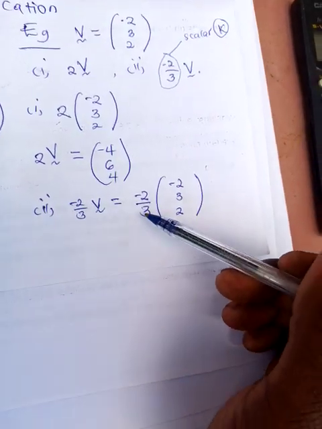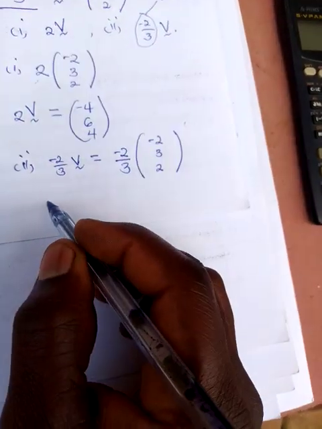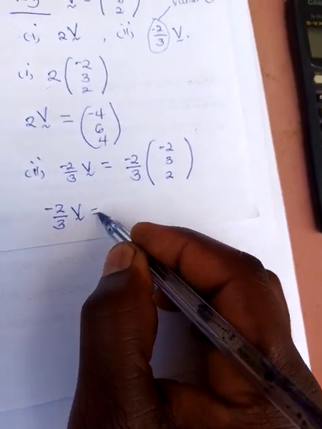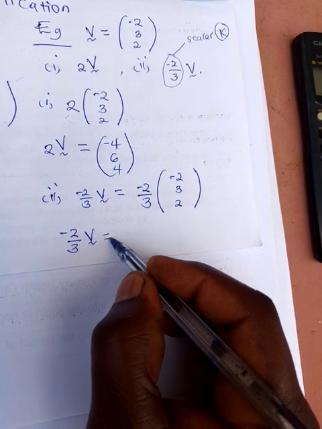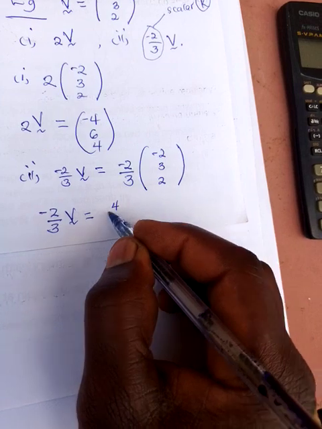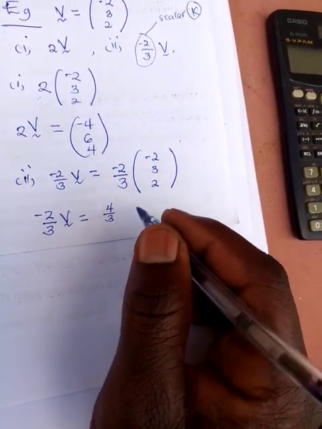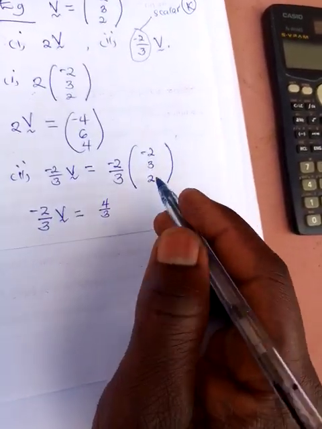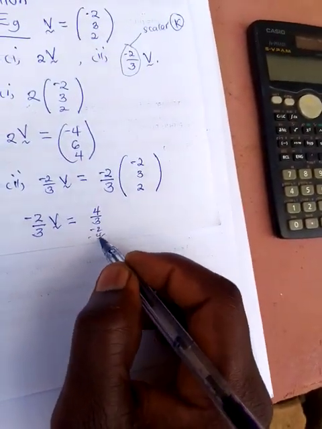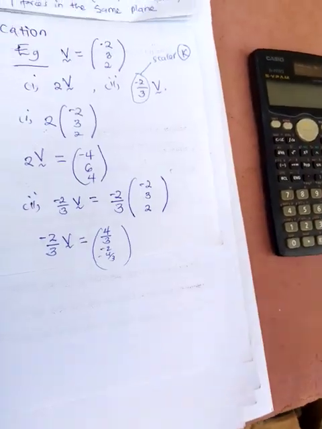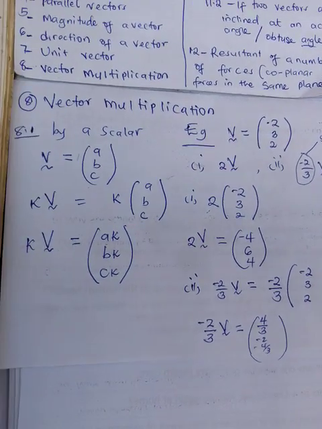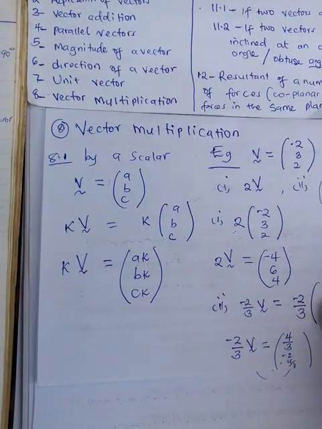And so this one will enter inside there, and you get negative 2 out of 3 v will equal, this time with that you get 4 out of 3. Then this time with this, you get negative 2. This time with this, negative 4 out of 3. Simple. And that is all by a scalar. That's how we multiply by a scalar.